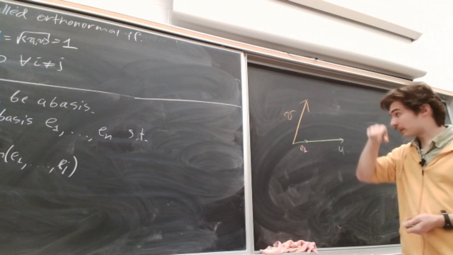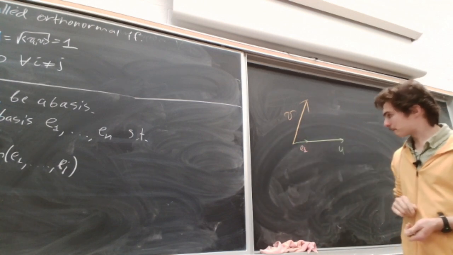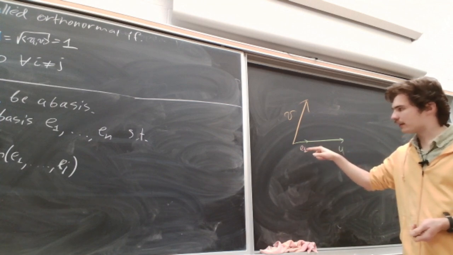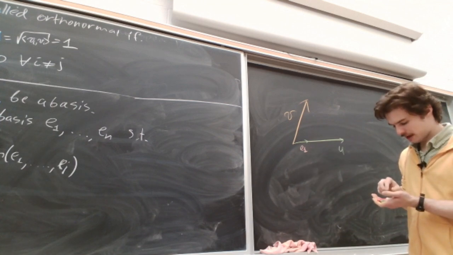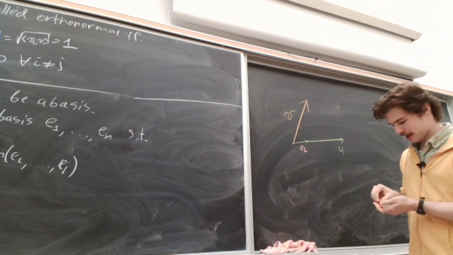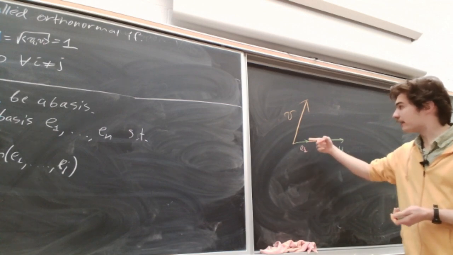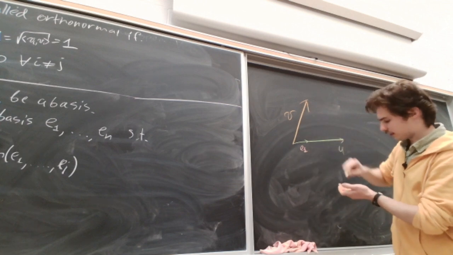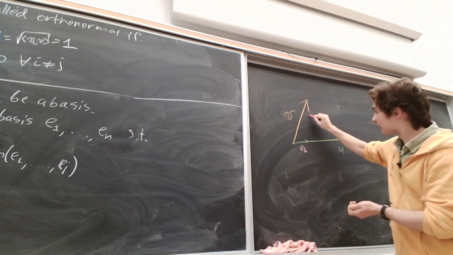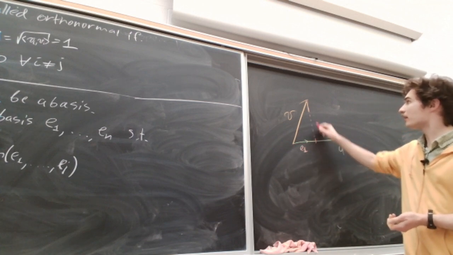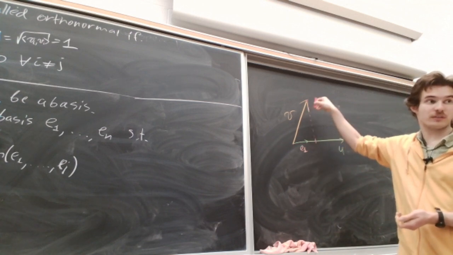Then, what can I do? I can take the vector v, and ask how E1 fits into it. I can realize that this vector v is actually some scalar multiple of E1 plus this other orthogonal part.